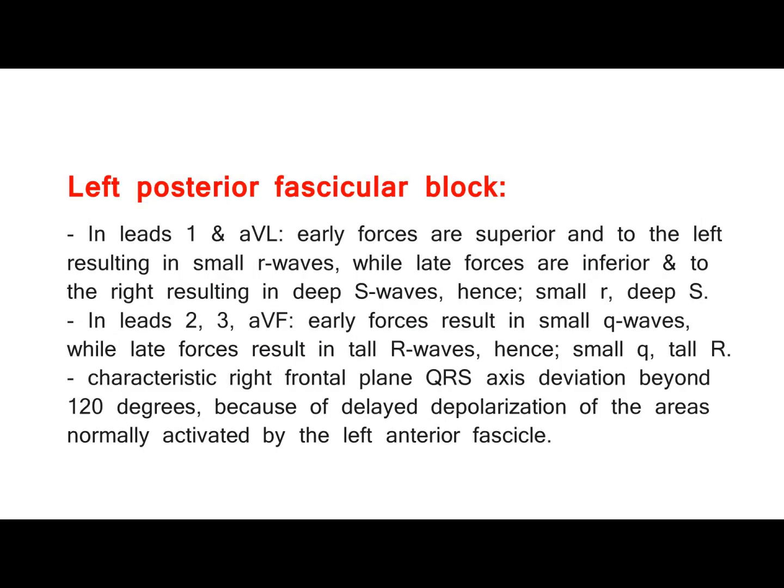Left posterior fascicular block. In leads 1 and aVL, early forces are superior and to the left resulting in small R waves, while late forces are inferior and to the right resulting in deep S waves, hence, small r, deep S. In leads 2, 3, aVF, early forces result in small q waves, while late forces result in tall R waves, hence, small q, tall R. Characteristic right frontal plane QRS axis deviation beyond 120 degrees, because of delayed depolarization of the areas normally activated by the left anterior fascicle.